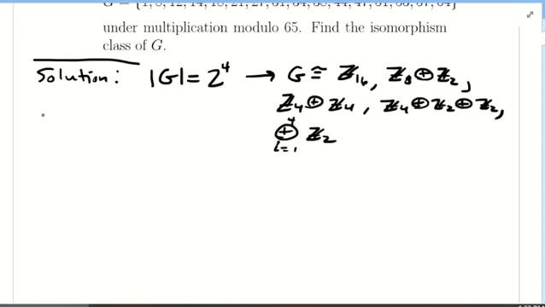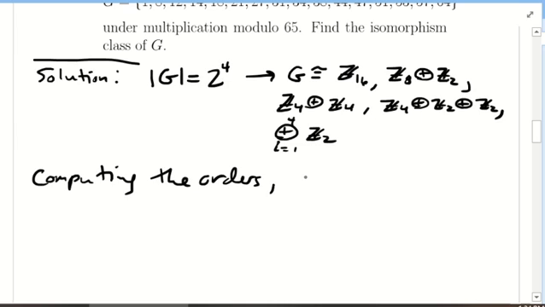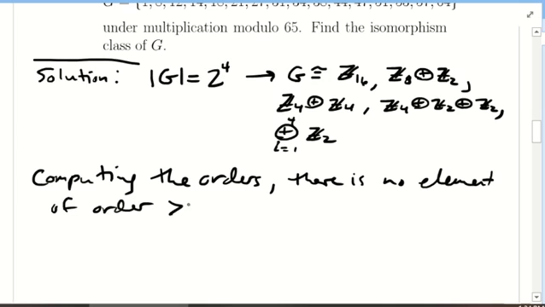Just because, you know, I'm evil, we look at computing the orders. We see there is no element of order greater than 4.